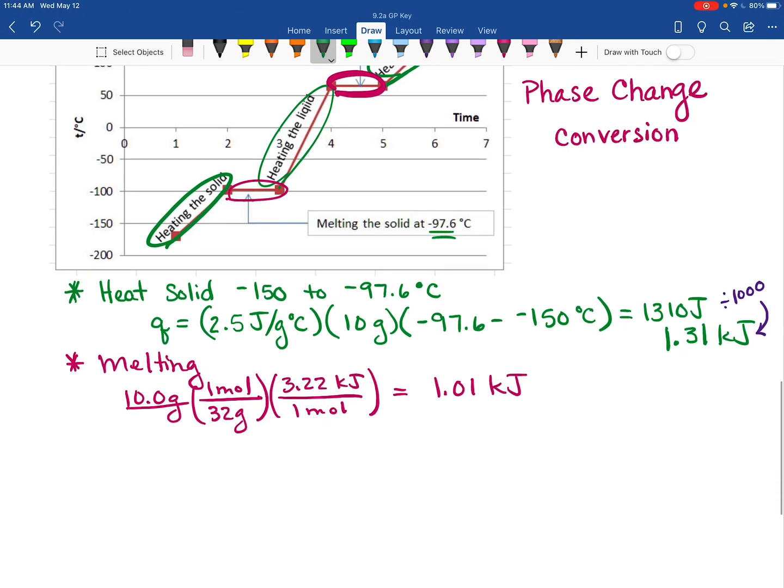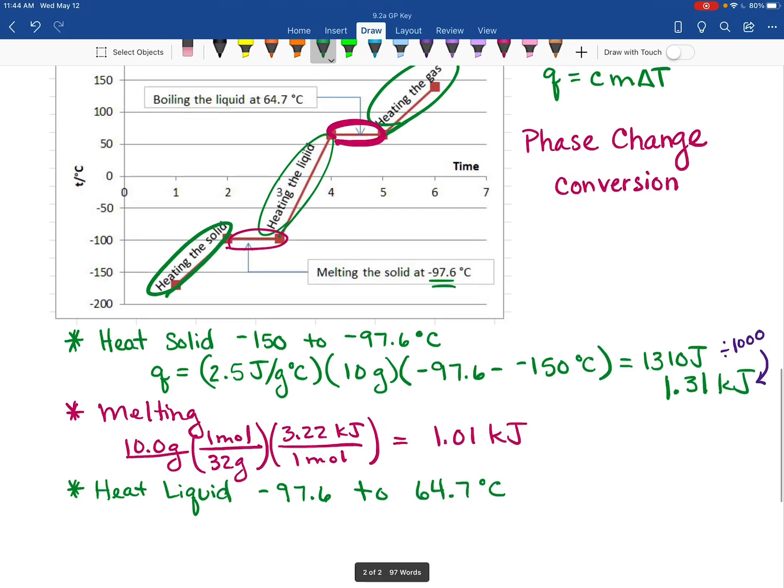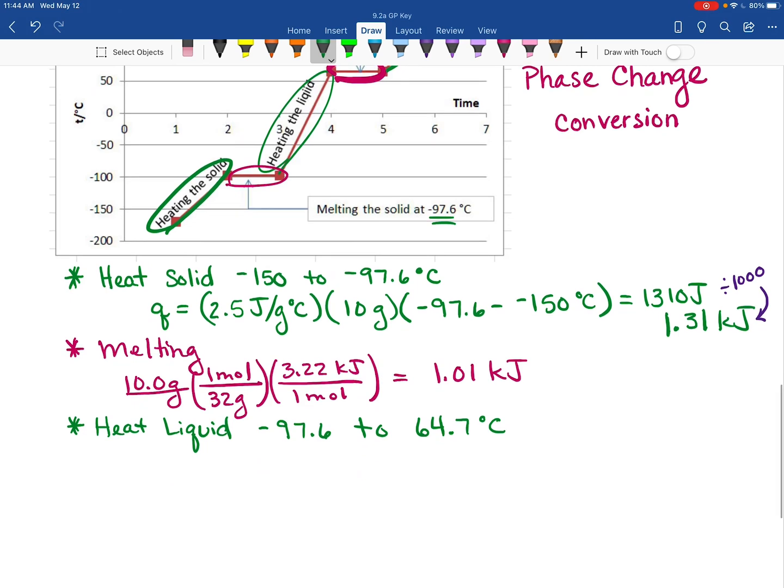Now we're going to go back and we are going to do the heating of the liquid. And heating the liquid is going to go from negative 97.6 to our boiling point temperature, which is 64.7. All right, another Q equals Cm delta T, so Q is going to be 2.5 joules per gram degree Celsius.